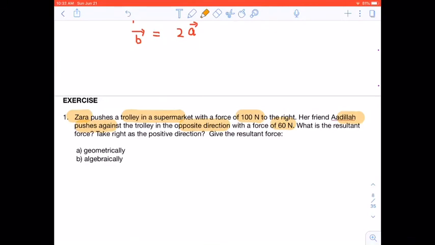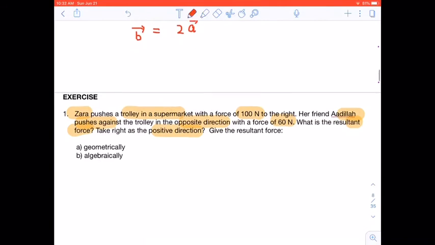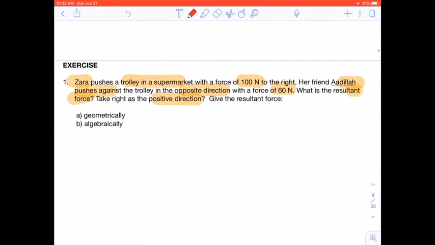What is the resultant force? And take right as a positive direction and give the resultant force. So here we are told to take right as a positive direction and give the resultant force.